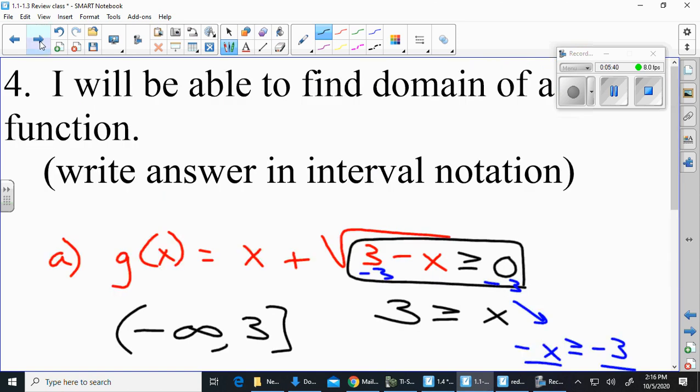So find domain, answer in interval notation. So with the first one that I did, x plus the square root of 3 minus x. If I have a radical and it's not in a fraction, I set it greater than or equal to 0.